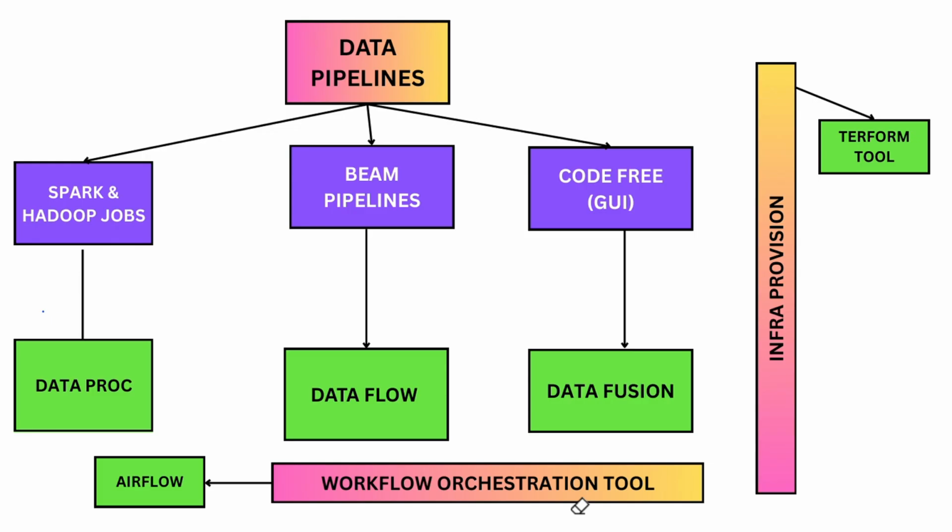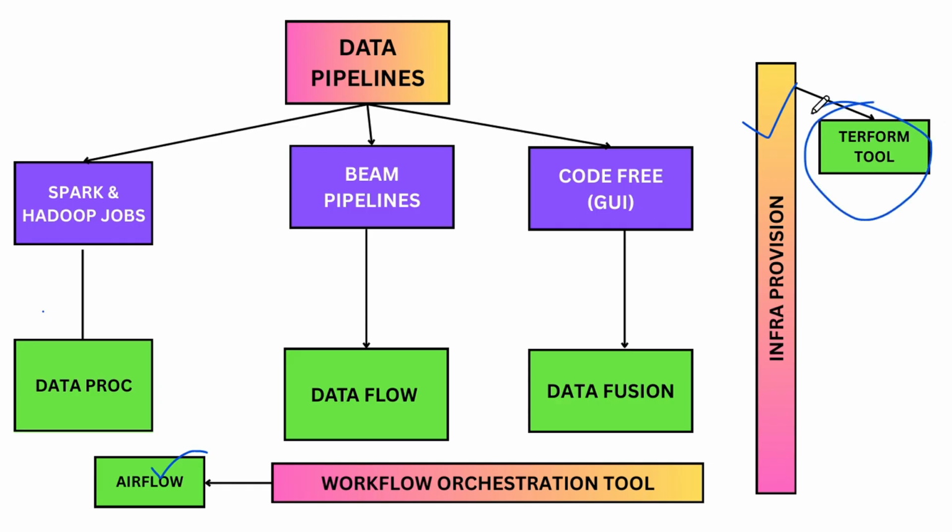For that, we have a tool called Airflow. By using this tool, we can do the orchestration; it means we can monitor and manage the pipelines. The next one is infrastructure provisioning. To create the infrastructure, we have one more tool called Terraform.